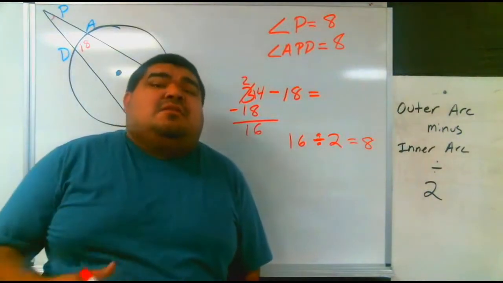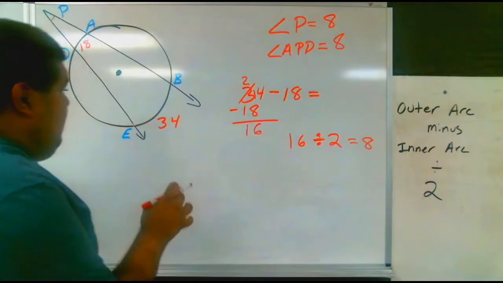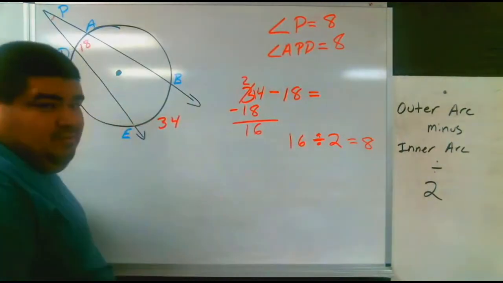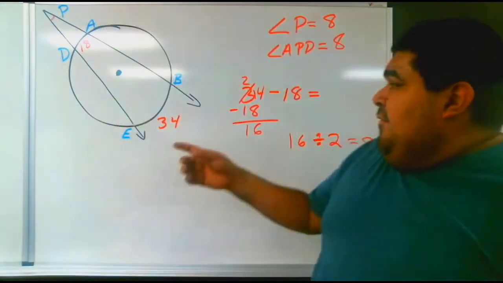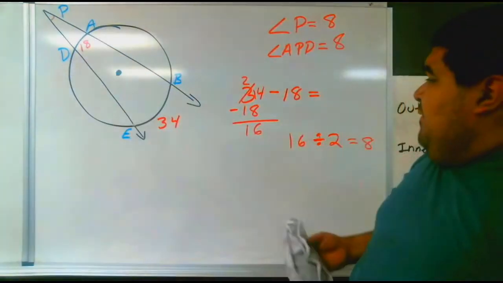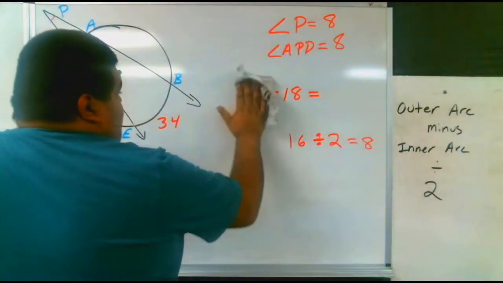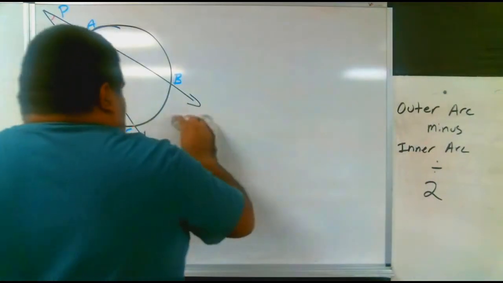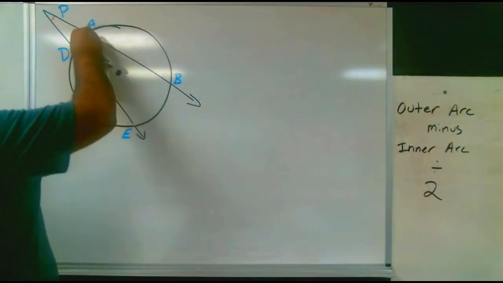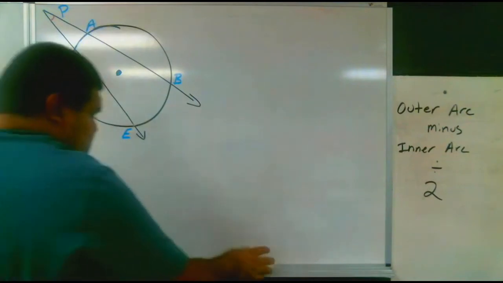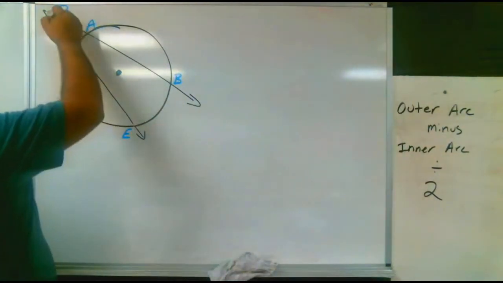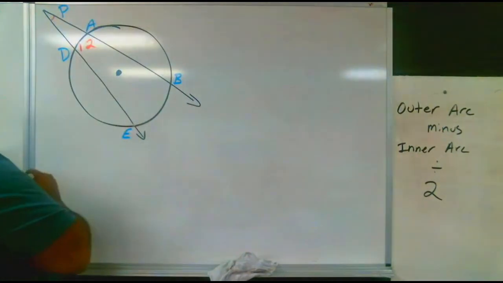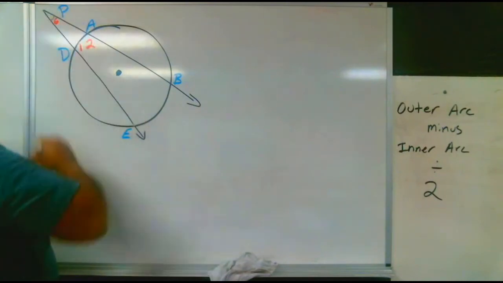And that's it. Now, if you were finding something else in the circle, for example, make sure you write this down. Again, we have 34, 18. But what if we were to change this? Let's say this time we have 12 for the inner arc and 6 for the vertex.